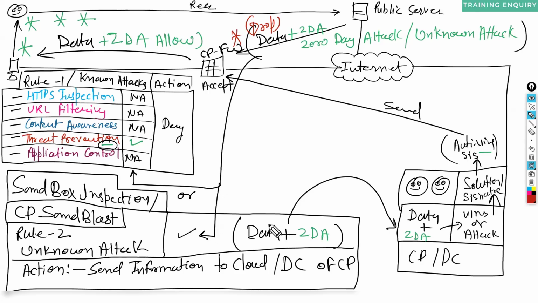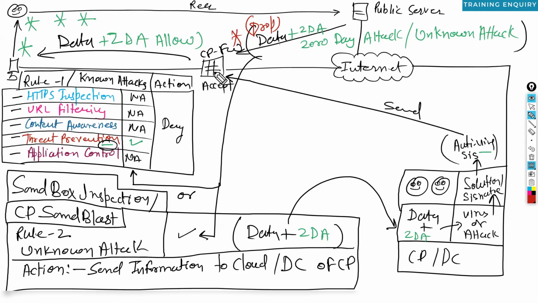So that file will be submitted to the cloud of the vendor. Then they will analyze it, work on it, and generate a solution. That solution will be pushed to your firewall. Firewall will accept it, and now that signature will be loaded into the database. If the same attack tries to come into your organization again, it will be blocked here.